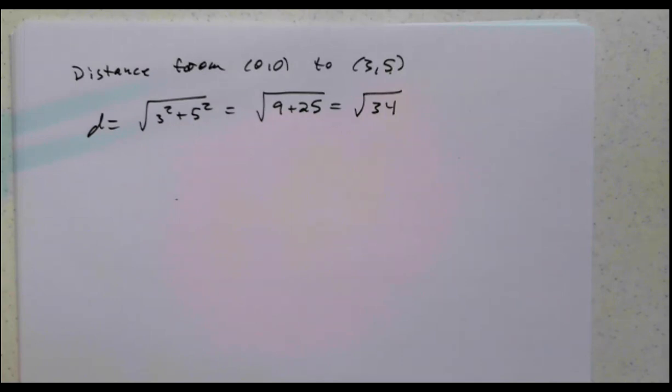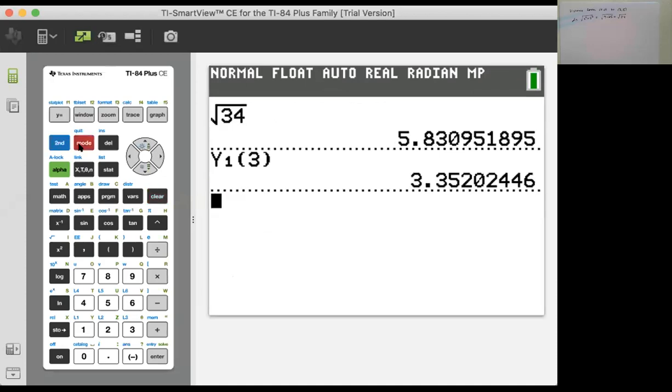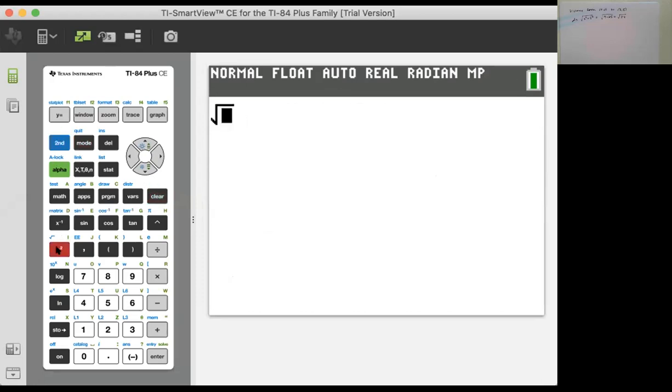For that, we'll take a look at the graphing calculator, which I'm just pulling up right now. So I will jump there to get a decimal approximation. I want the square root of 34. Let me clear that. I'll do it again. Square root of 34 gives me a decimal approximation of 5.83 approximately.